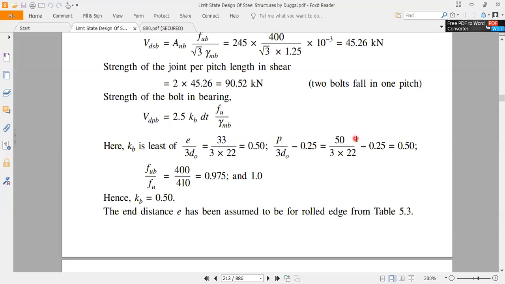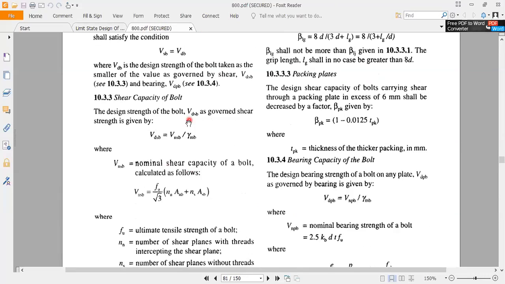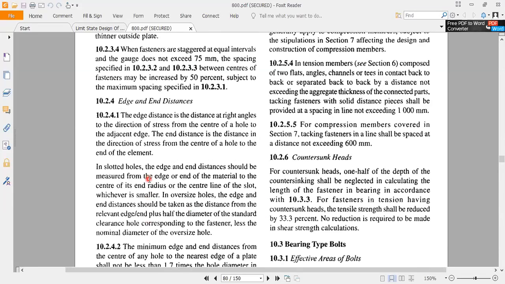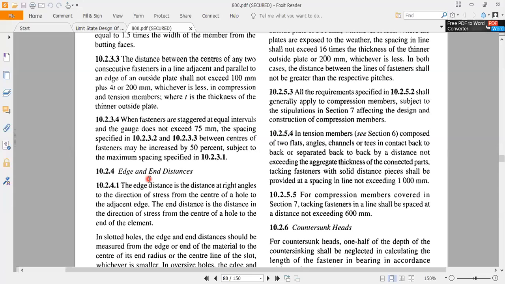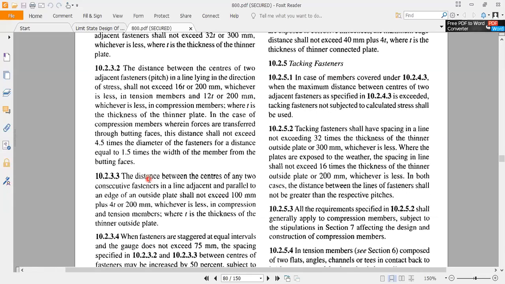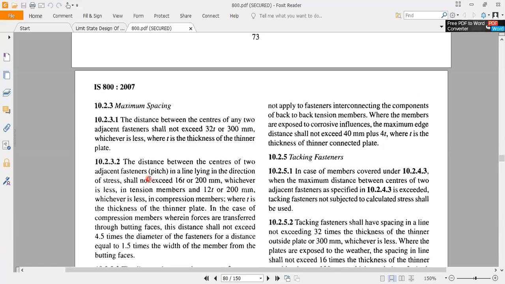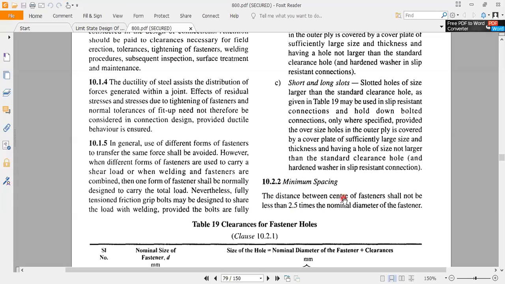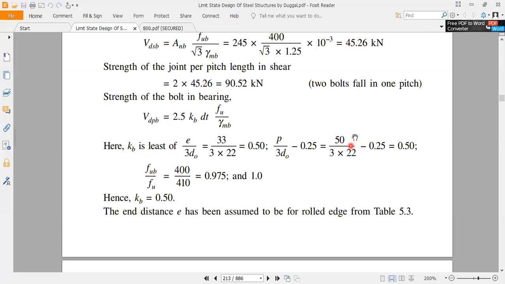So p is equal to how much? What was the formula for pitch? 2.5 into the nominal diameter of the bolt, that means the diameter of the bolt. 2.5 into 20, that means 50.